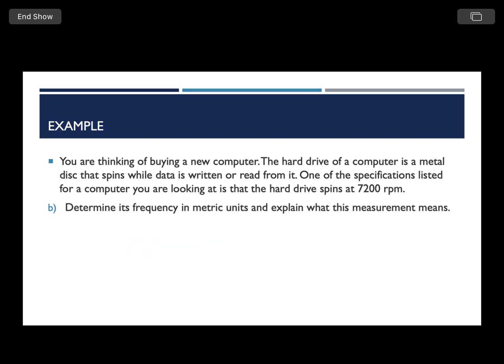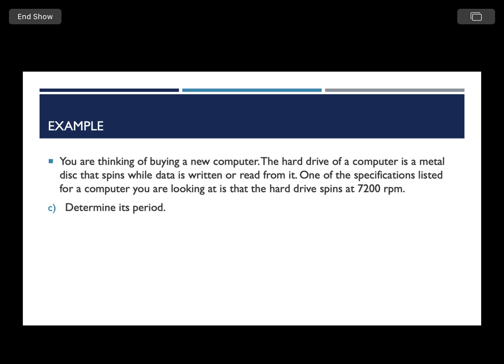So if we wanted to put this frequency into metric units, we're going to take our 7,200 RPMs and divide it by 60 to get 120 hertz or cycles every second. Well, that's pretty easy.